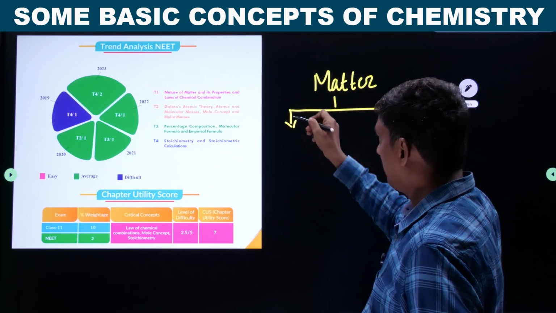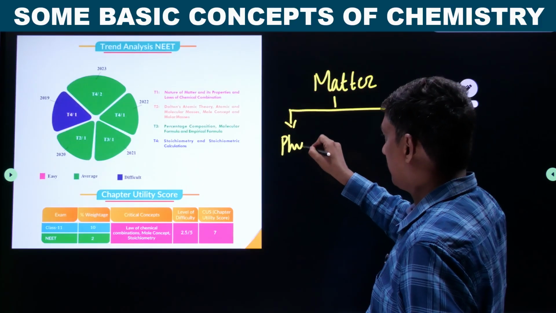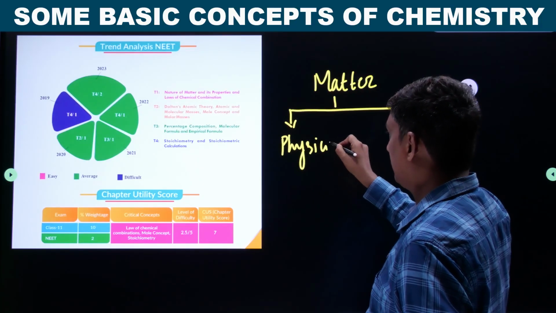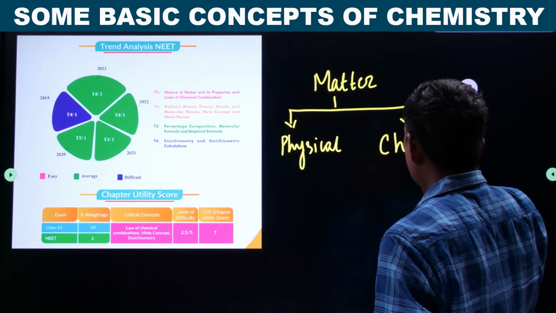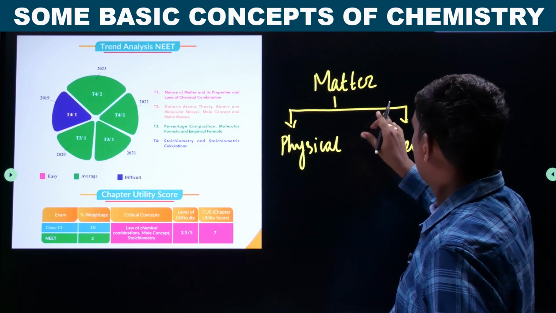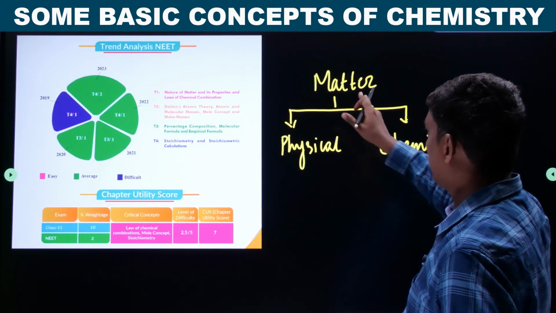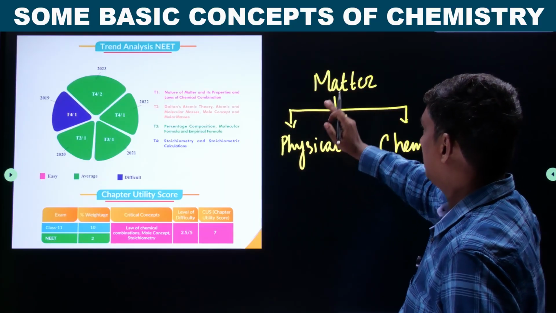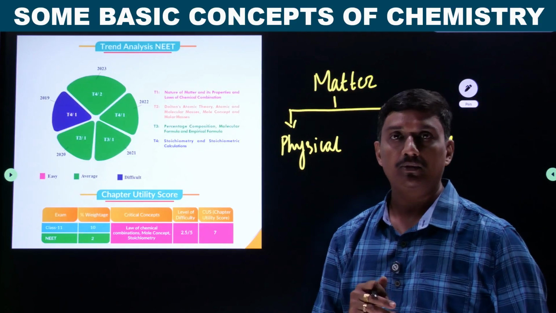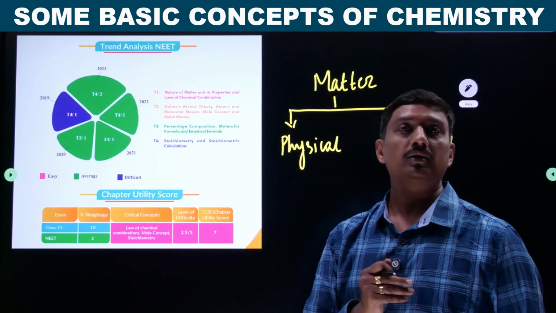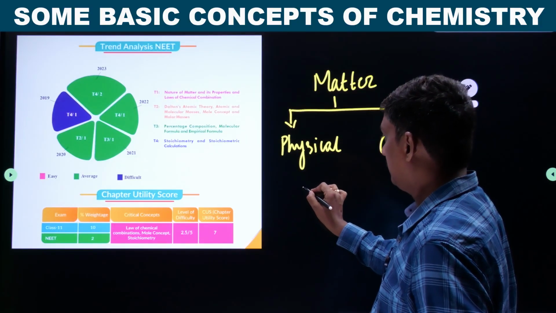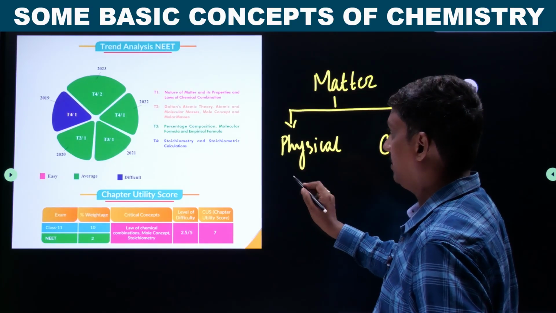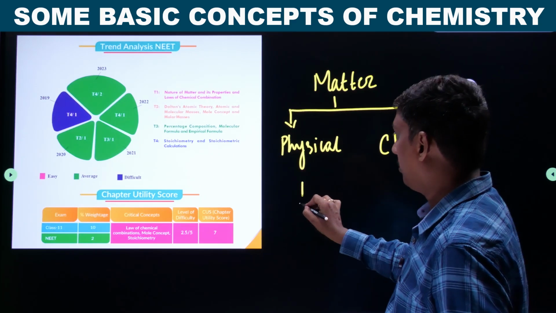One is based on the physical properties or physical appearance, and based on chemical analysis or properties, we are segregating the matter into two types: physical method, another is chemical method. After this, we are studying law of chemical combination.